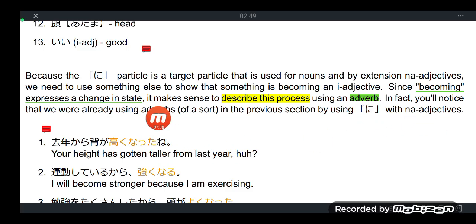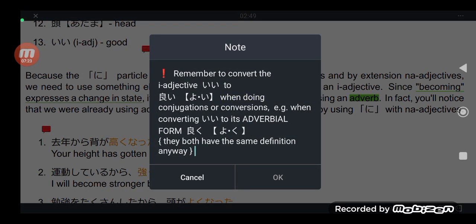In fact, you will notice that we have been using the ni that goes with the naru as told in lesson number 0094.